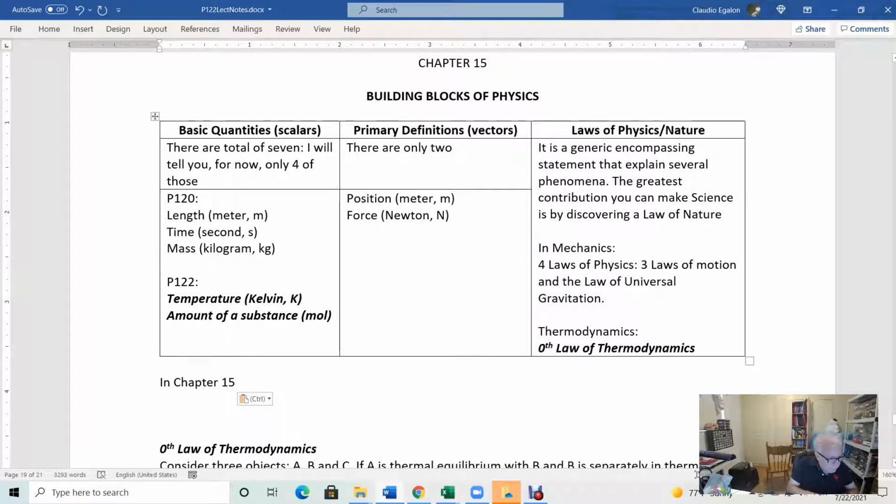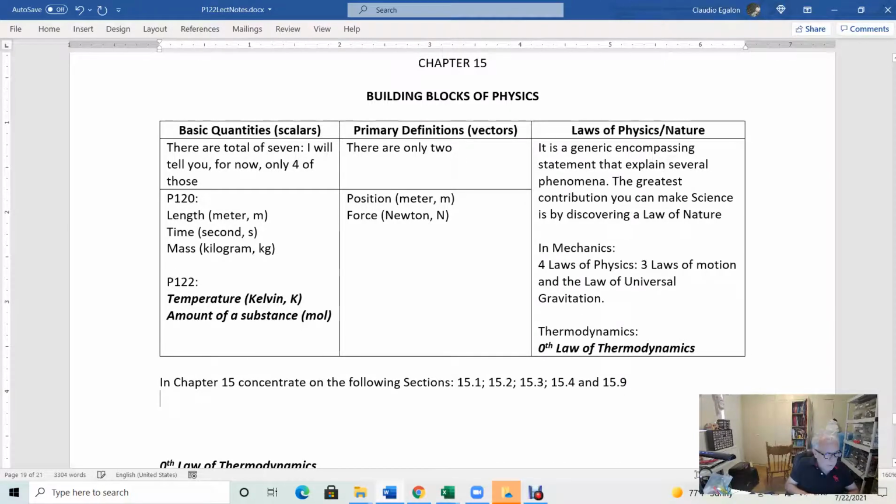In this chapter, concentrate on the following sections. Point 1, 2, 3, 4, and 15.9.